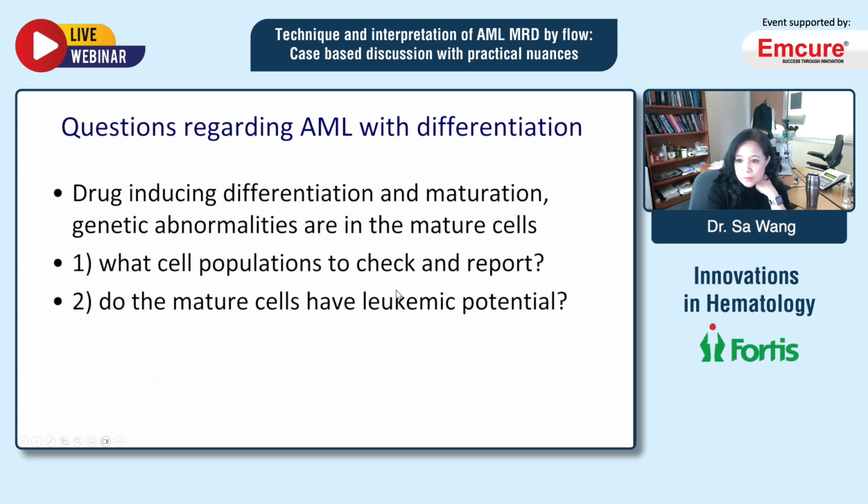The answer is we still focus on the immature cells. Whether mature cells have leukemic potential is a very good question. We tend to think they probably cannot divide and don't have leukemic potential, but I think it's not entirely clear.